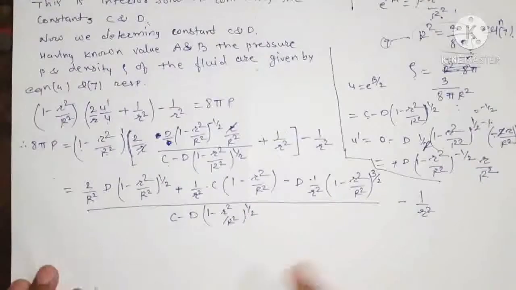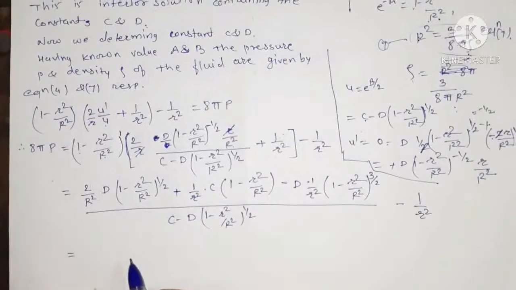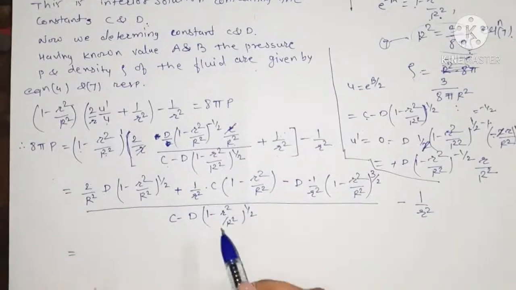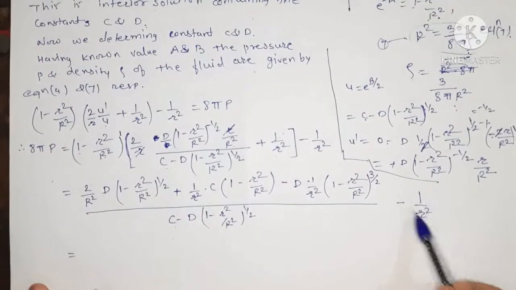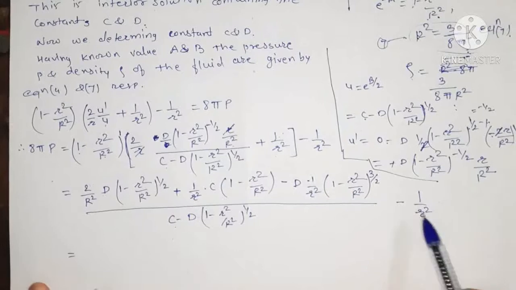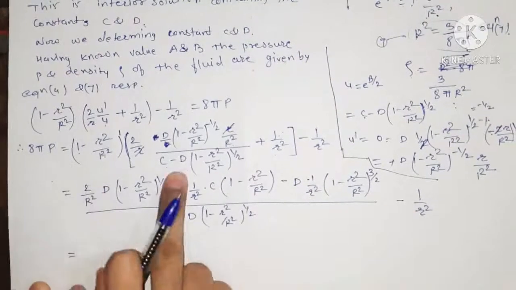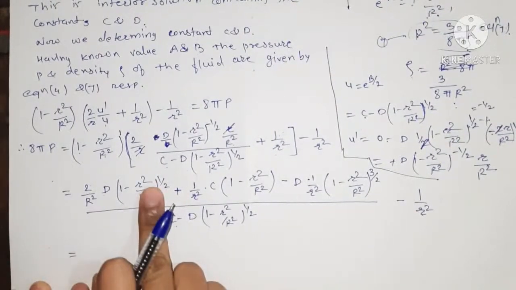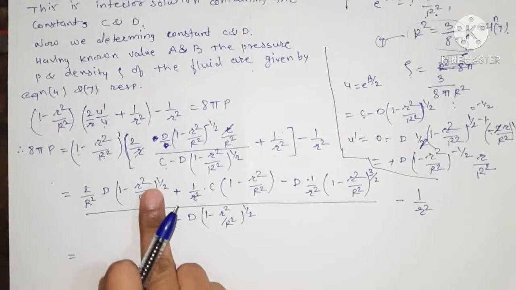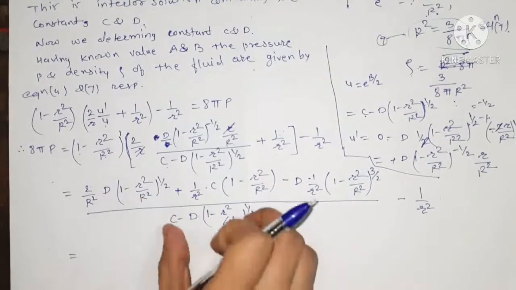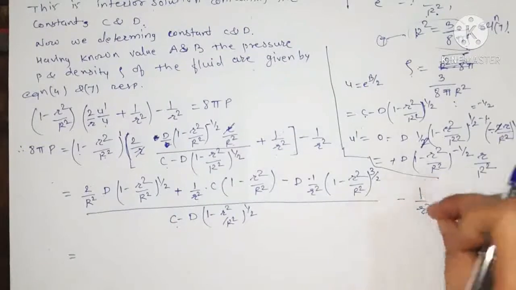Now this is equal to, now we can take the cross multiplication with this term. Okay, so we have to multiply this by r square, sorry, we only multiply this term to this 1 upon r square.